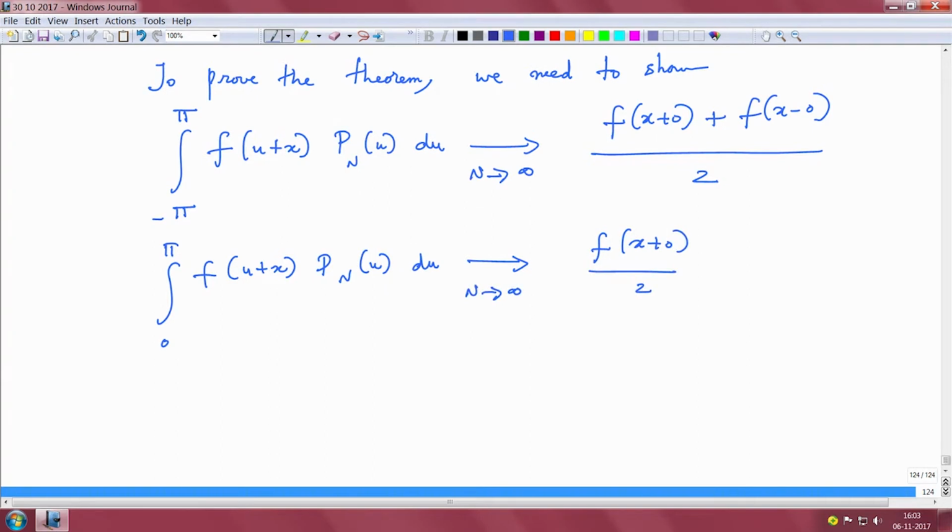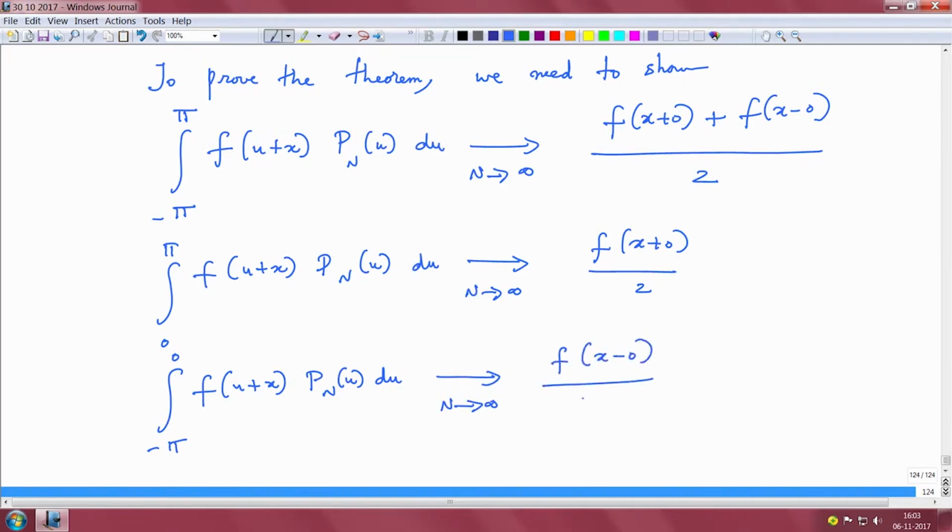Just taking one portion, this is basically half of the whole kernel, and therefore, this is just basically f of x plus 0. Now, this is done symmetrically for the limit from minus pi to 0 of f of u plus x times P_n of u du, which as n goes to infinity heads to f of x minus 0 upon 2.